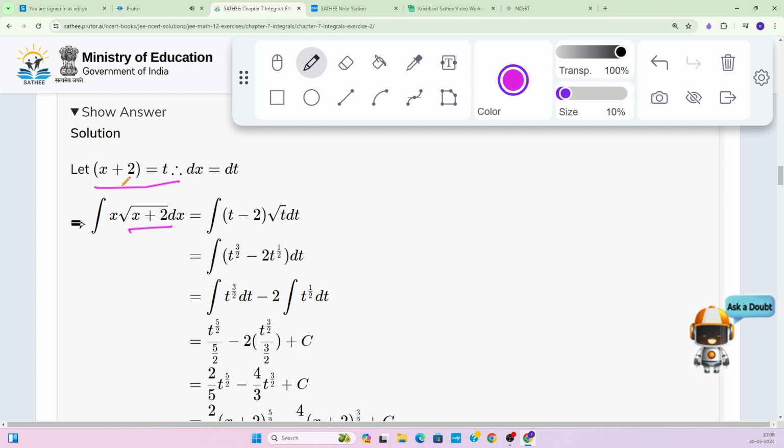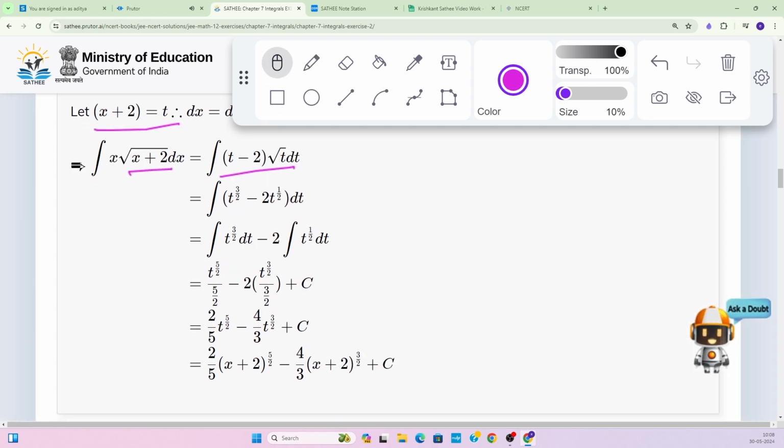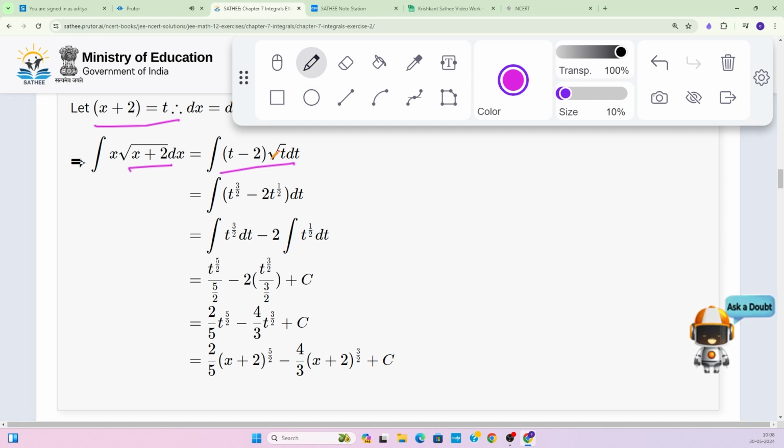Now x can be replaced by t minus 2. So your expression will be in terms of t, which will be (t minus 2) multiplied with root t dt. After distributing this root t term, you will have t power 3 by 2 minus 2 multiplied by t power half dt.